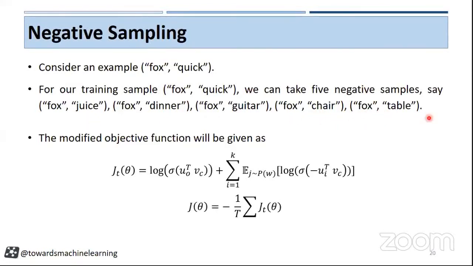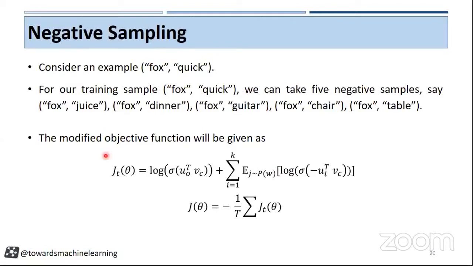This kind of pair will never occur in that particular window. Basically, we are converting our softmax task into a sigmoid task, whether this kind of pair appears in your data set or not. If it is present, we give the label 1, otherwise the label is 0.